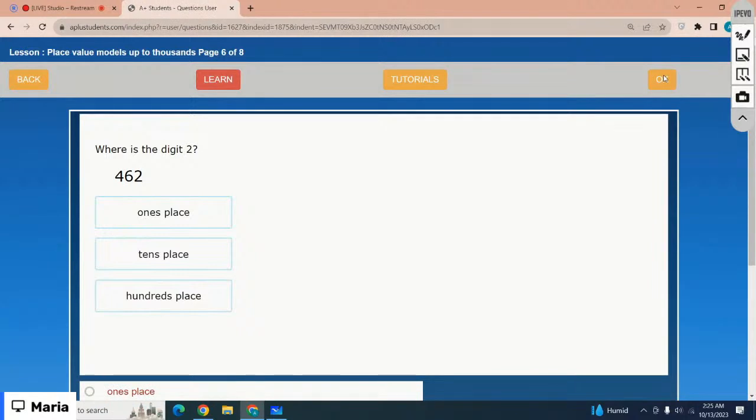Where is the digit 2? Ones, tens, hundreds. Which is the correct option? Which is the place value of the digit 2? Very good, 2 is at the ones place.